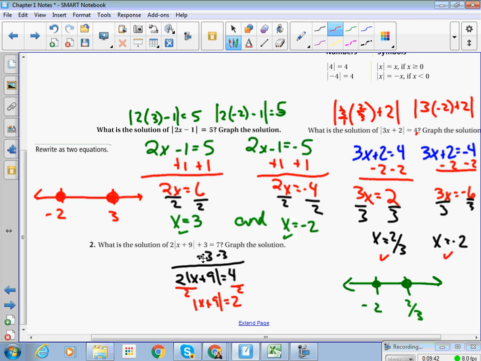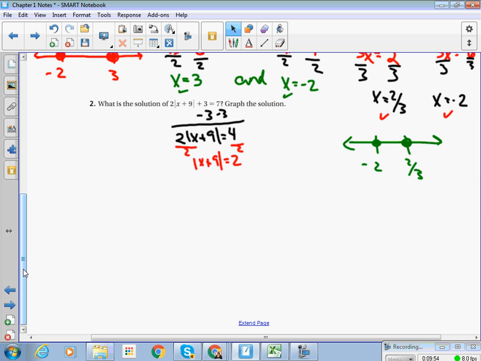Now I'm in a position where I'm going to do the positive version and the negative version. So I'm going to write this as x plus 9 equals 2, and x plus 9 equals negative 2.